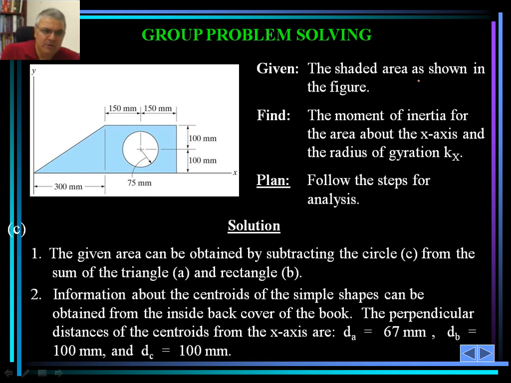We are going to follow the steps that we discussed. We are going to divide it into 3 areas, 1 triangle, 1 rectangle, 1 circle, and then we would do our calculation. The given area can be obtained by subtracting the circle from the sum of the other 2, the triangle and the rectangle, and information about the centroid of a simple shape can be obtained again from the inside cover of your book.